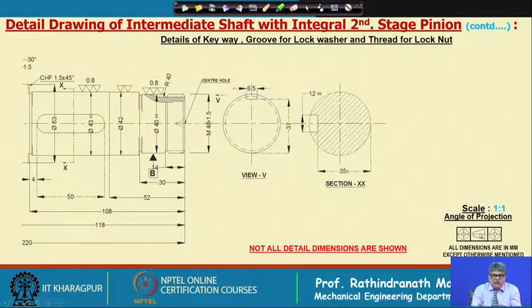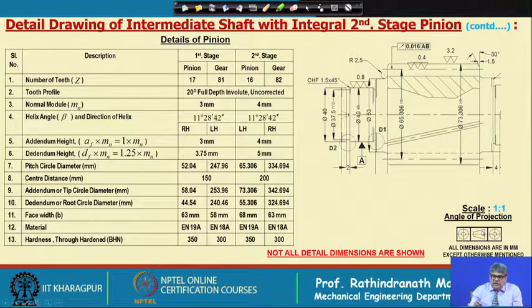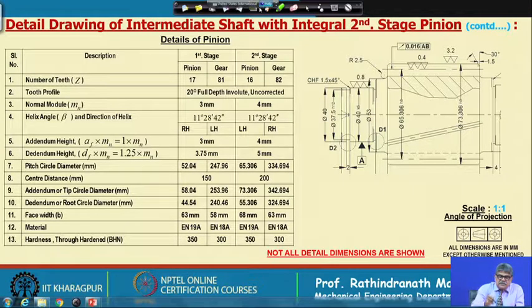So, I have shown here the right hand side of this for the QA and other things, but that we have already explained, and then this is the left hand side of the pinion part, and here this gear data is shown. Usually only the gear data for this pinion will do. So, in that way I suggest that it is better to give the gear dimensions along with the pinion dimensions here with this drawing.